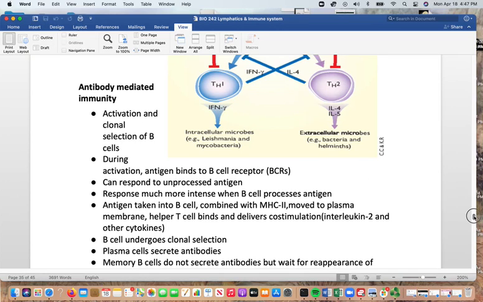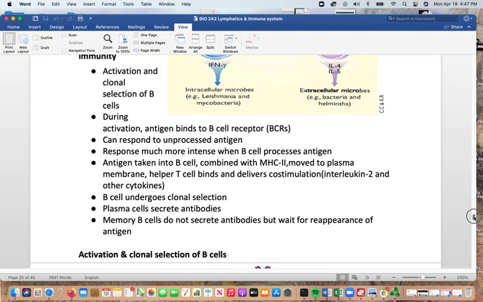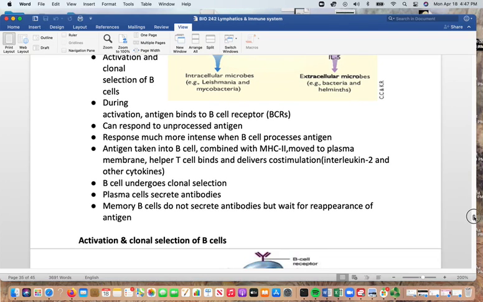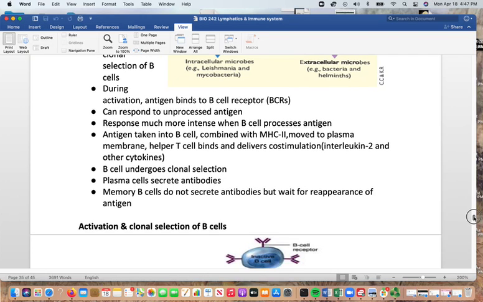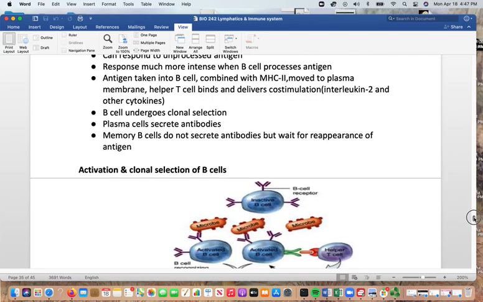Then the T helper cell can bind and deliver co-stimulation with IL-2 and other cytokines. So you'll undergo clonal selection, you'll have plasma cells start to secrete antibodies, and then you'll have memory B cells that won't secrete antibodies, but they're there for the future again.